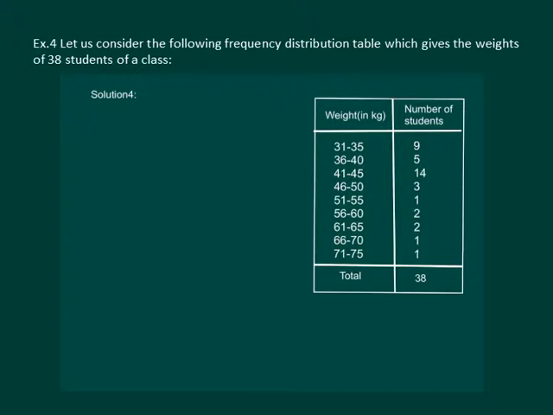Let us now consider the following frequency distribution table. This gives the weight of 38 students of a class. Now suppose if two new students of weight 35.5 kg and 40.5 kg are admitted to the same class, then we will be in a dilemma to put them in which of the intervals.